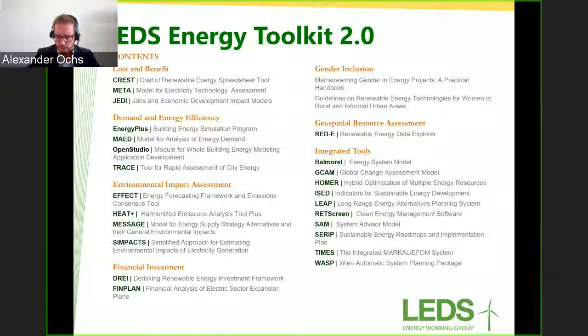So here is an overview of the tools from last year. An improvement from the first edition has been that we categorize tools. This is not at all an easy task. It's actually quite challenging because many of these tools cover multiple issues. They're cross-sectoral, and they are really relevant in different categories.